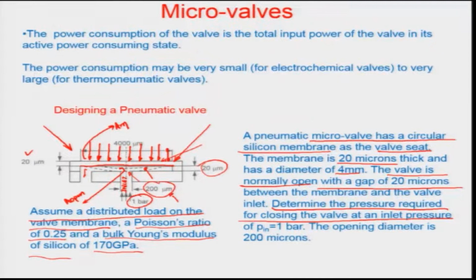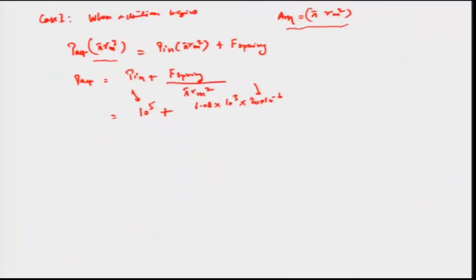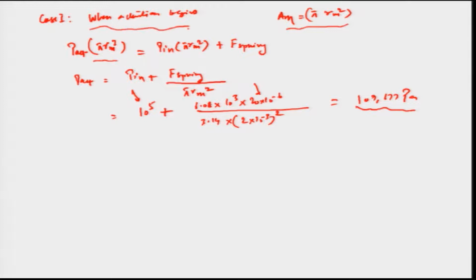For opening to closing, you have to cover this particular distance of 20 microns, divided by 3.14 times (2 times 10 to the power of minus 3) squared. So, that comes out to about 109,677 pascals. So, this is what the beginning pressure is when the valve actuation has started.